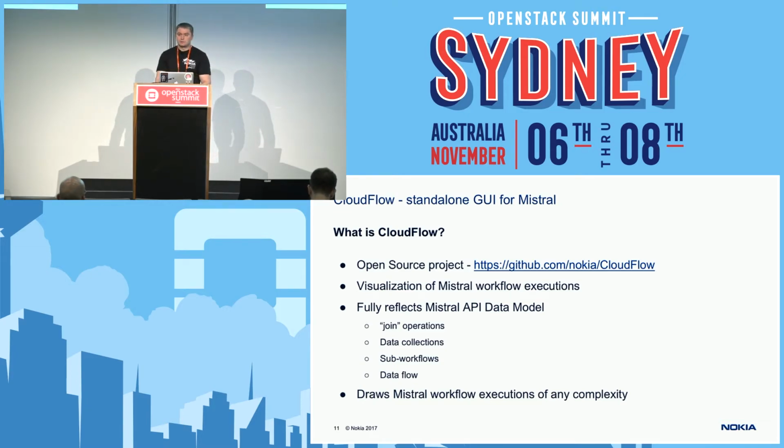It fully reflects the Mistral API data model, so it's smart enough to draw all kinds of workflow topologies, no matter what we use in those workflows, like join operations, multiple branches, parallelism, data collections, sub-workflows, and so on.